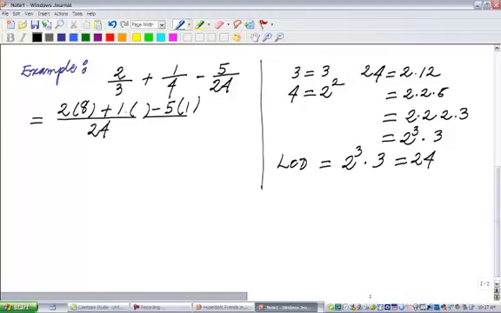So I'm going to put a 6 here. So what do I have then? I have 16 plus 6 minus 5, divided by 24. And 16 plus 6 is 22. 22 minus 5 is 17.